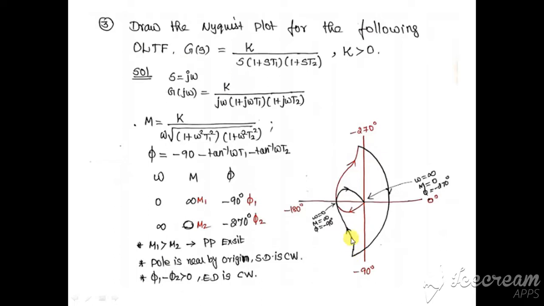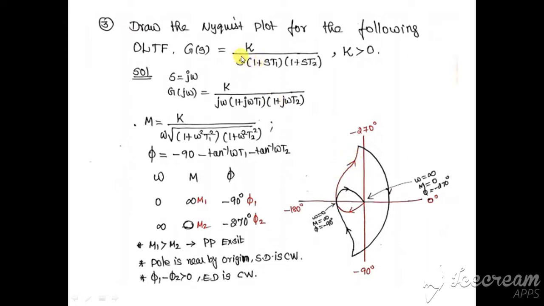While drawing the polar plot we get this curve, black color, from omega is equal to 0, it starts from here, and omega is equal to infinity ends here. So now we need to draw the Nyquist plot. Simply draw the mirror image with respect to real axis, and the ending point of polar plot is the starting point of mirror image. This is the ending point of polar plot. So we need to start along the direction to get the mirror image.